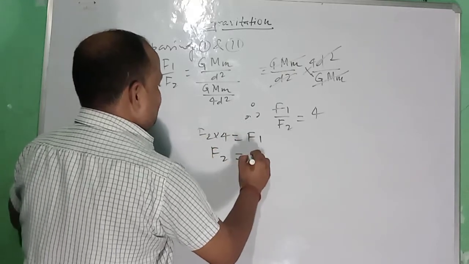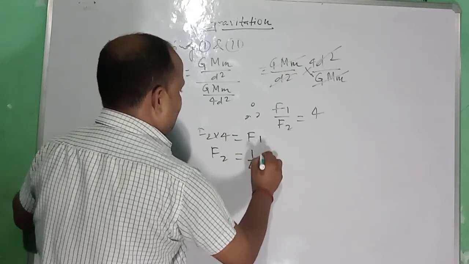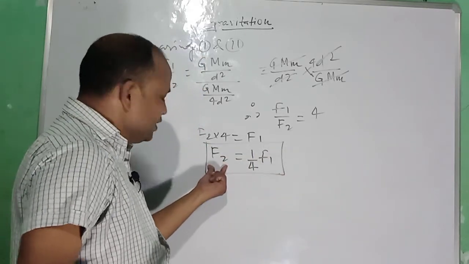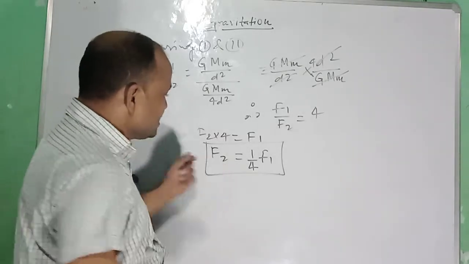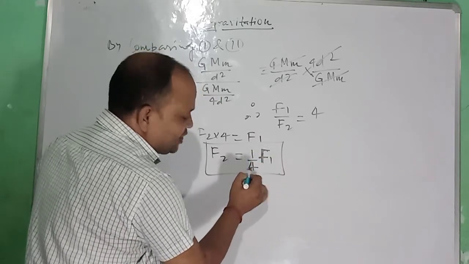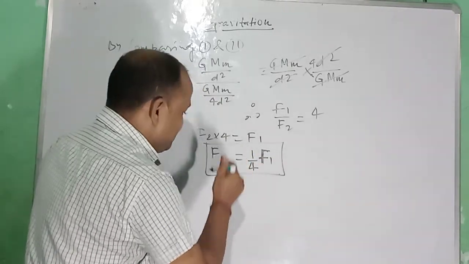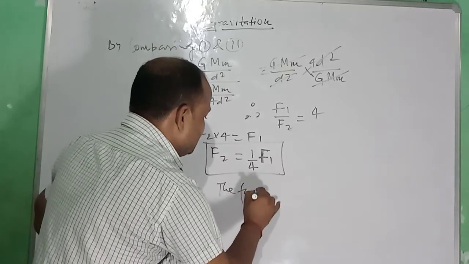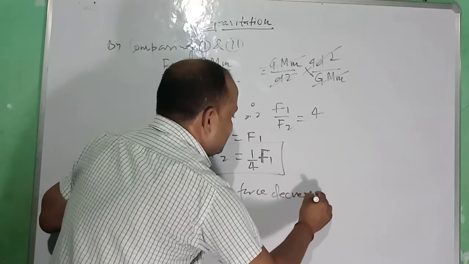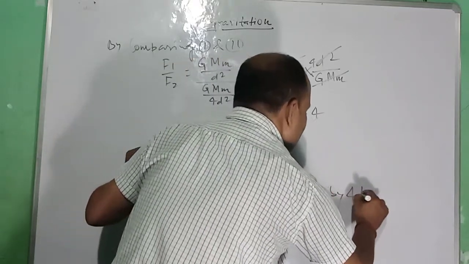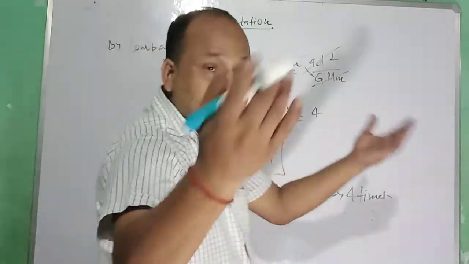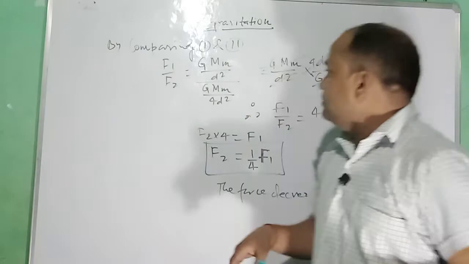So F2 is equal to 1 by 4 F1. Here you have seen that after changing the distance, the initial force has been reduced by how many times? 4 times. The force decreases by 4 times.